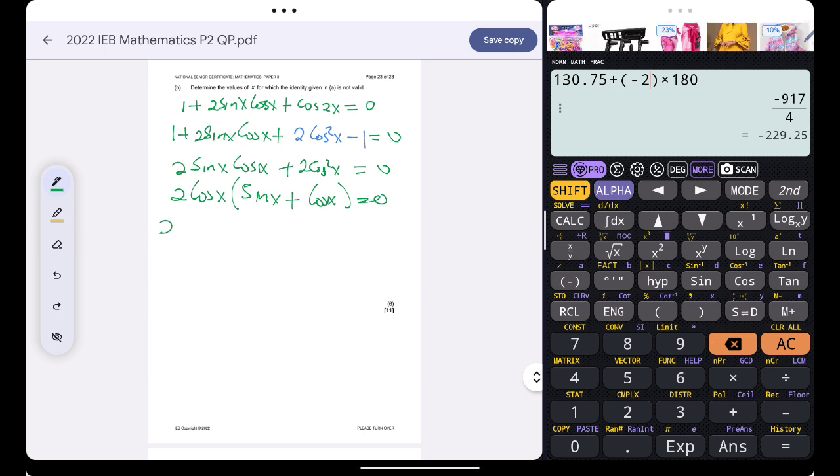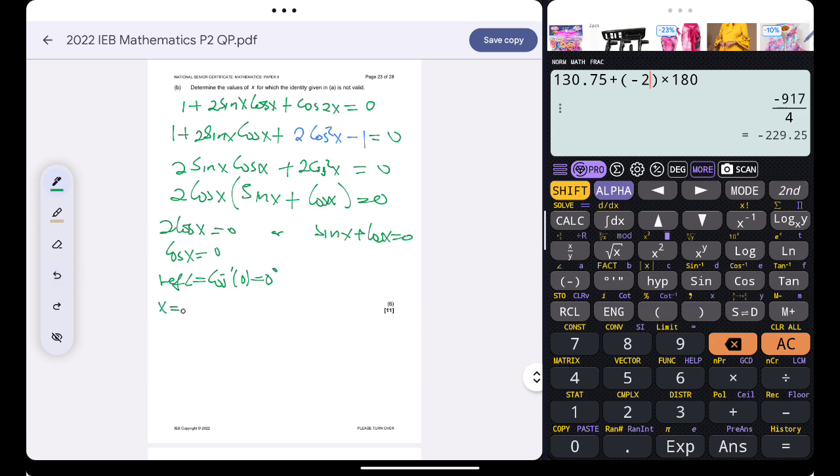And then 2 cos x is 0, or so this thing is just cos of x equal to 0. The reference angle is just the cos inverse of 0, which is just 0 degrees.